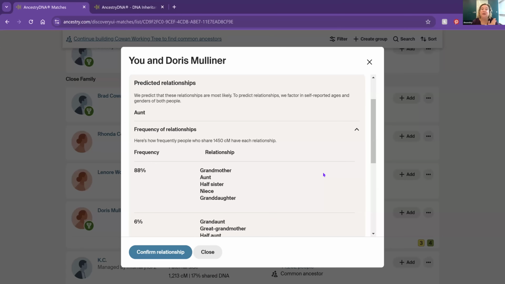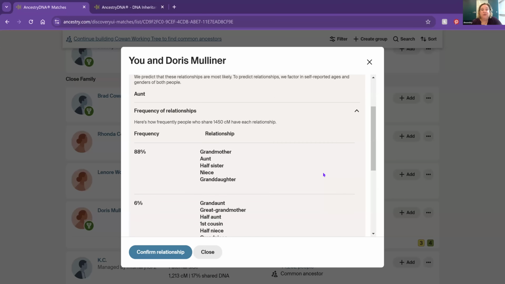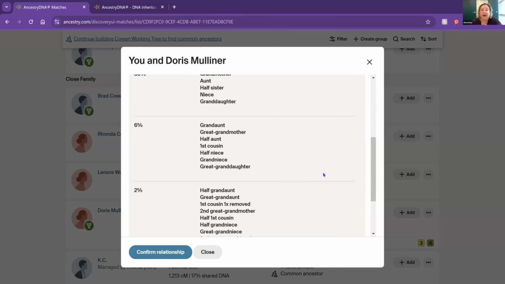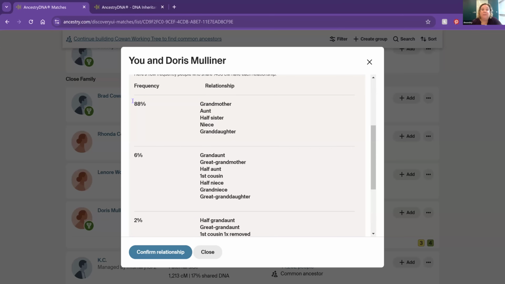We'll tell you what we think the relationship is, but you know your family better than we do. And there are lots of variables involved. Random inheritance of DNA is just one of them. So we will show you what all the possible relationships are at that amount of shared DNA, and what the frequency is that it is going to be one of those relationships.